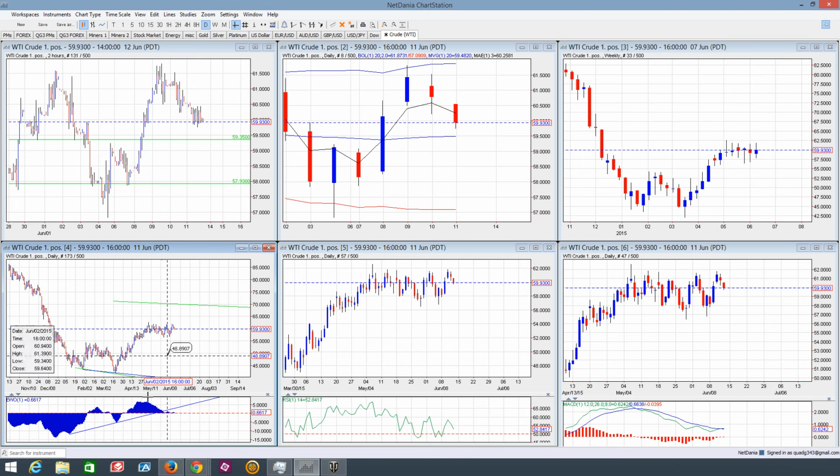EWO, we don't have a negative divergence on the top side, so I think we are due. It's very possible we could get another move to the upside into, say, 65, 67. And we'll see the EWO come up just a bit, but it may produce a negative divergence with that occurring, which could set up a sell-off thereafter.